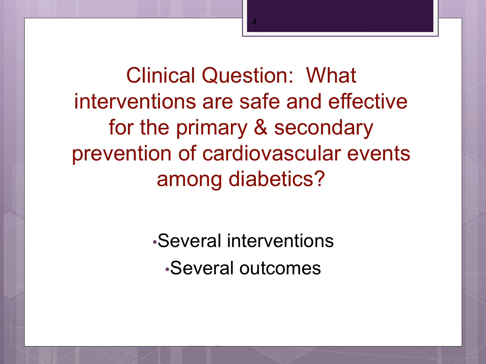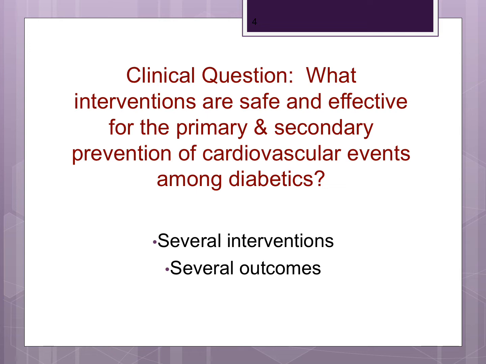And when you talk about prevention, you talk about primary and secondary prevention of events. And there are many interventions. It can be the use of statins, BP control, or medications to control the blood sugar.